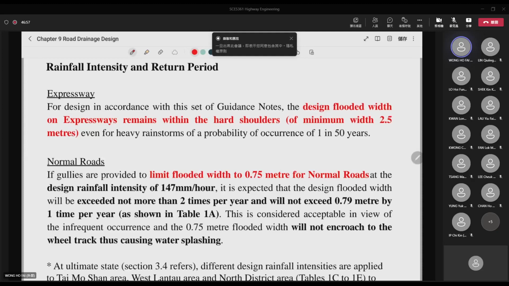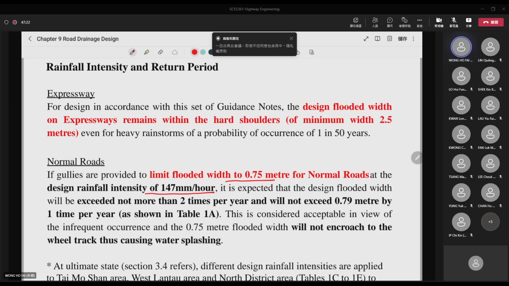And then for the normal road, if the gullies are wide, basically we want to limit our flooded width to a width of 0.75 meter. And this 0.75 meter belongs to the so-called rainfall of 147 mm per hour.